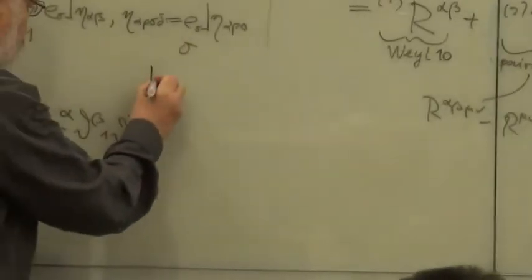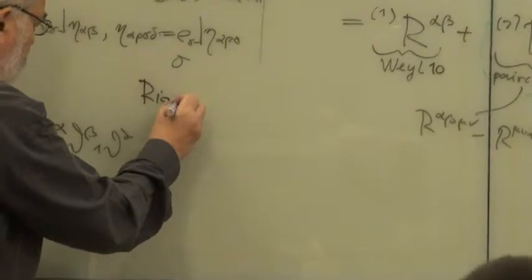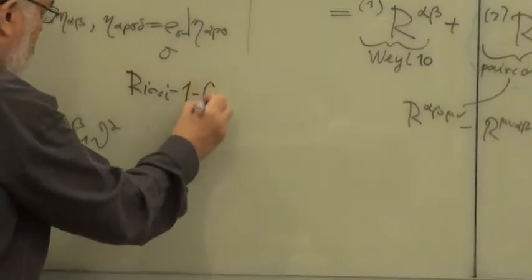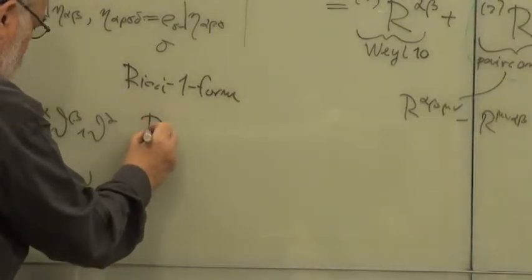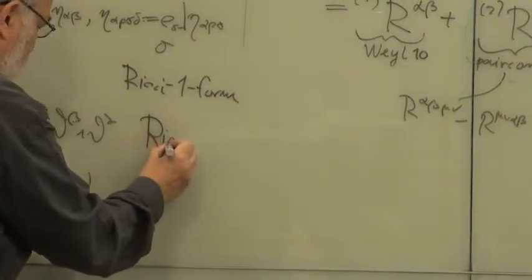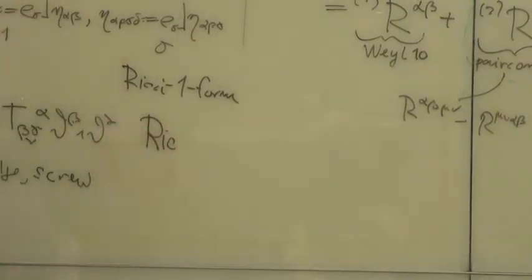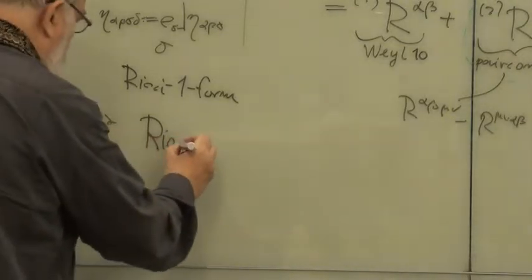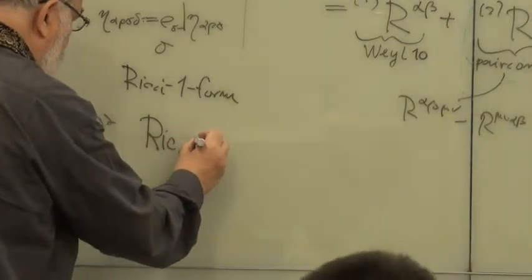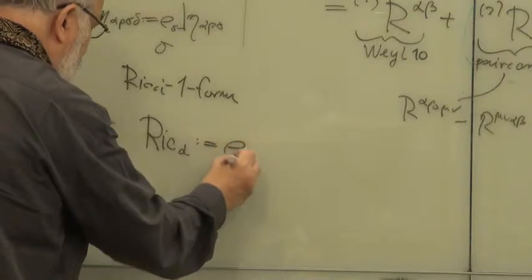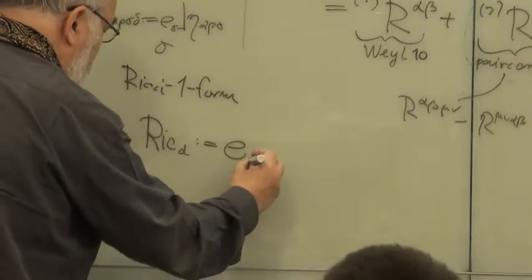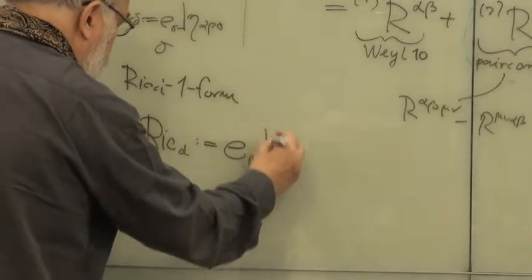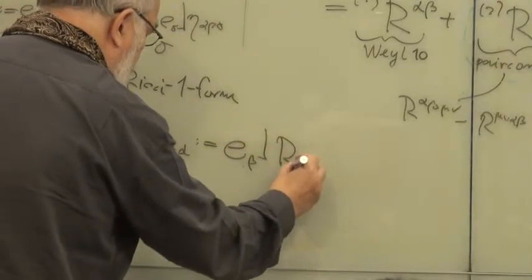We have the curvature 2-form, and we can define the Ricci 1-form. Ricci 1-form is Ric, because R is already taken, we take Ric. Ric alpha is by definition e_beta inner product with R alpha beta.